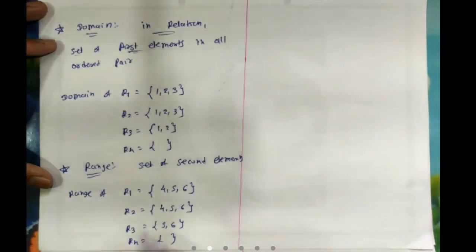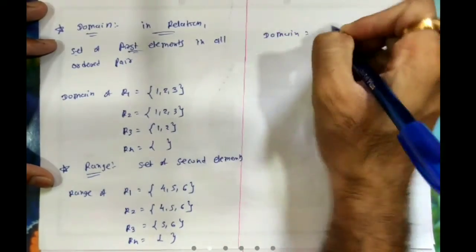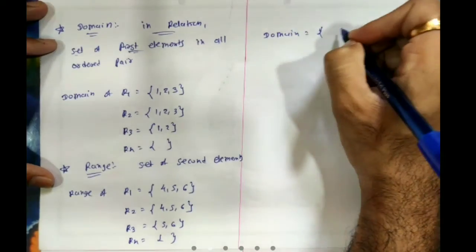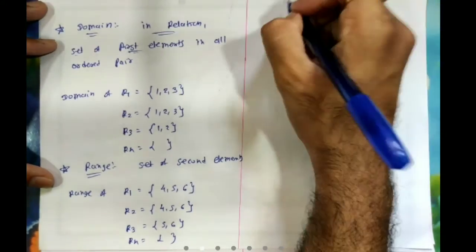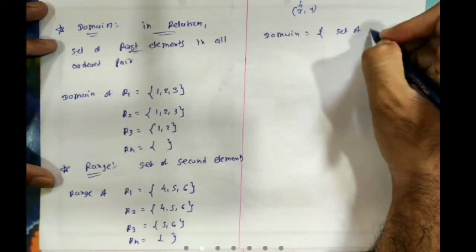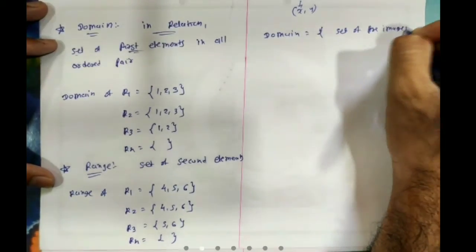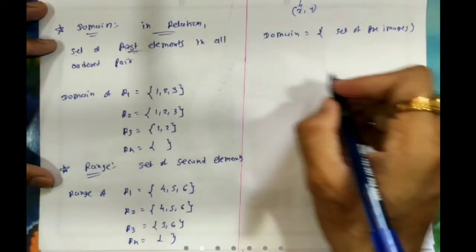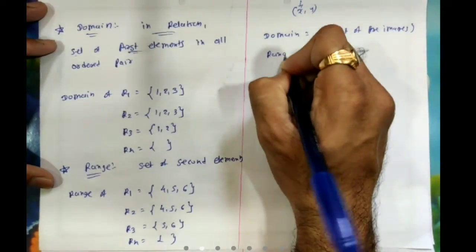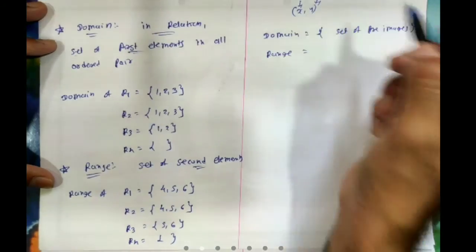So here we can conclude the following. What is domain? Domain is the set of first elements of the ordered pairs x, y. What do we call the first element in an ordered pair? The pre-image. So the domain is the set of all pre-images. Now notice range. Range is the set of second elements, and the second element is nothing but the image.